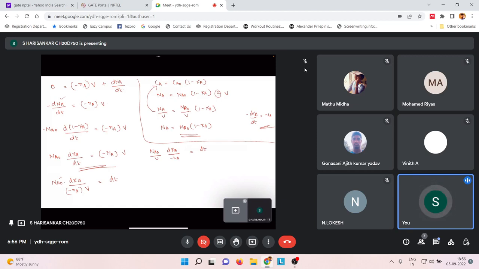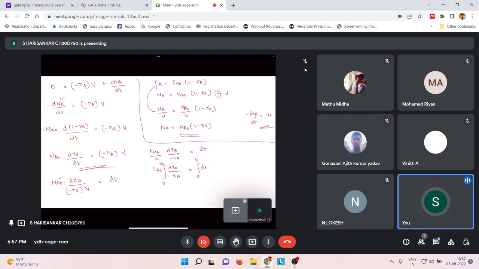Or Na0 by V is Ca0. Ca0 into dXa by minus Ra is equal to dt. Now we just have to integrate this. So this will be integral 0 to Xa, and this will be 0 to time t.